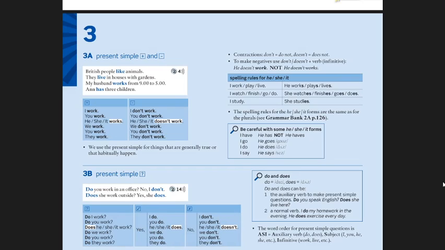Don't or do are used with I, you, we, and they, and doesn't or does with he, she, or it, okay? And then you have the spelling rules, but you have to go back to 2a on page 126 to revise that, okay? When you finish reading the theory, you have to do the activities on the next page, okay?